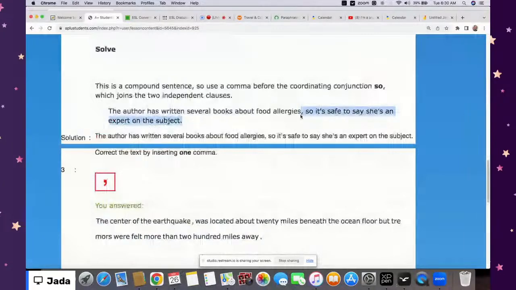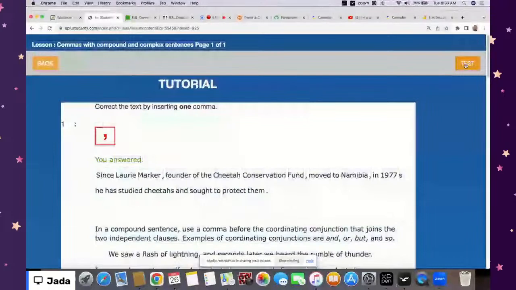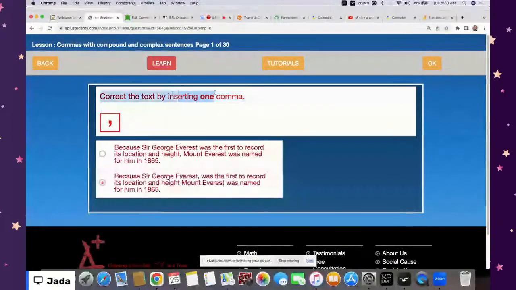All right, so move on to the test now. Now you can send in your answers. You insert one comma here. "Because Sir George Everest was the first to record its location and height, Mount Everest was named for him in 1865."